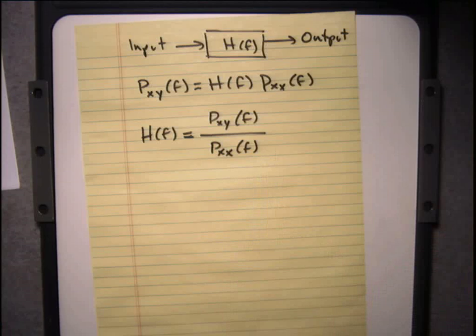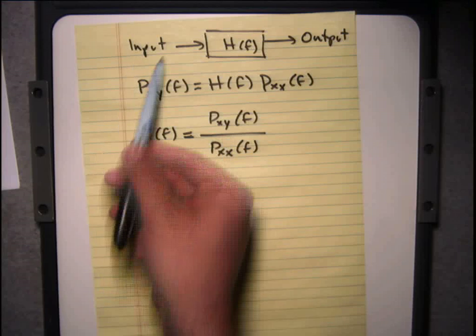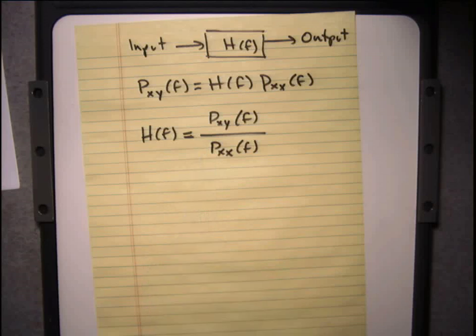None of you see a problem with it? When you divide by something, what do you have to worry about? Zero, right? So if you choose an arbitrary input, you have to worry about this denominator getting really small at some point.